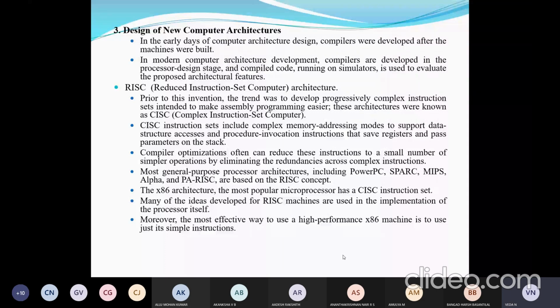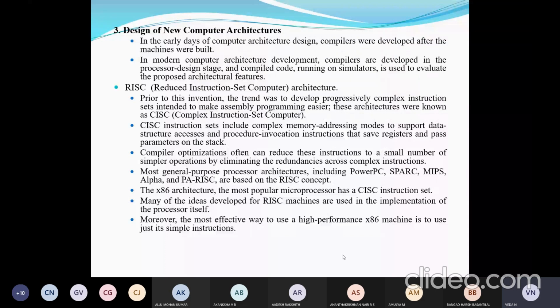It has to take care of the processor design stage, running on simulators and everything, so that at the end it has to support both the computer architecture as well as the programming language.